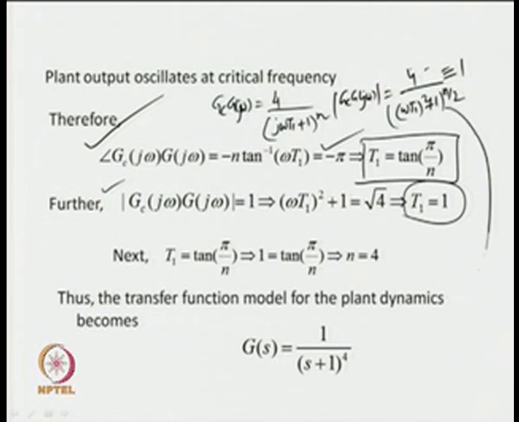Therefore, simplifying this expression, one gets omega T1 squared plus 1 equal to root of 4, what has been given over here.